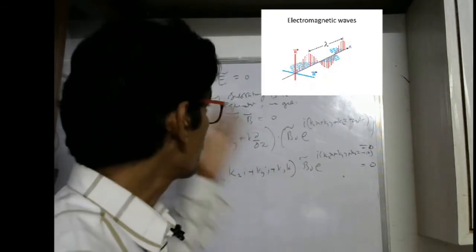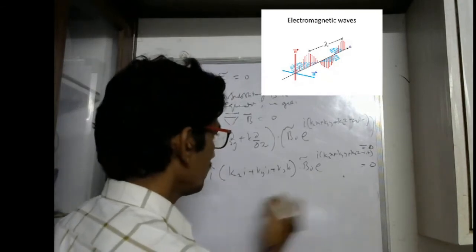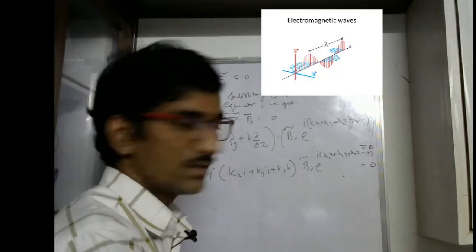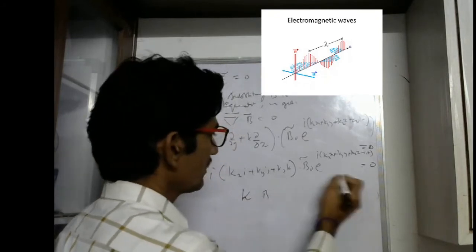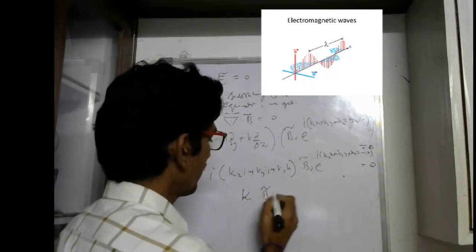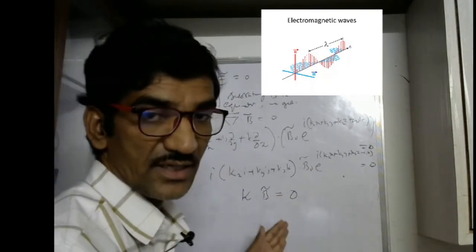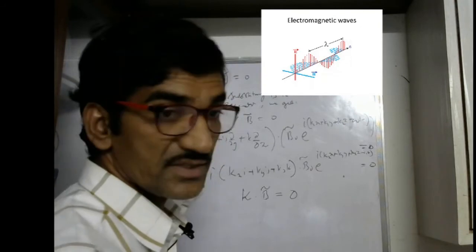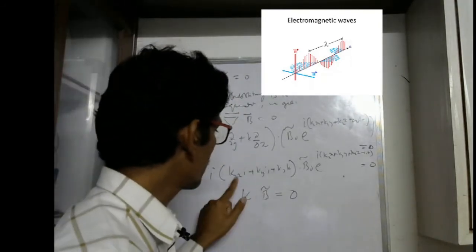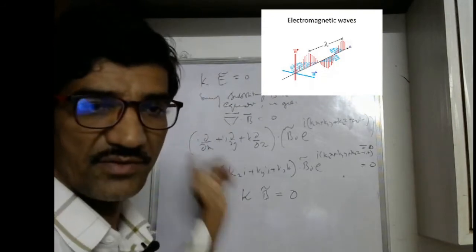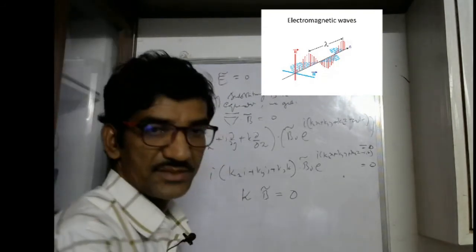In the previous case also you get i there, no problem. Now on this side you have 0, that's why you may simply write k dot B is equal to 0. You may ignore i here. In the previous case also we ignored i. Actually, you get this factor of i in the previous case also, right? K dot B is equal to 0.